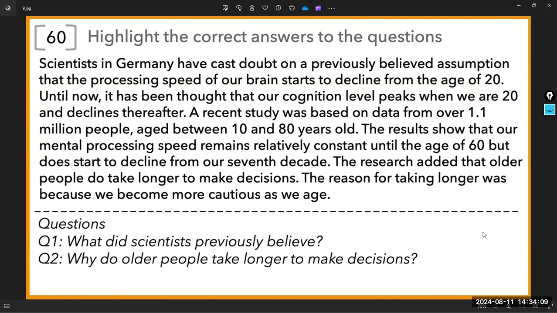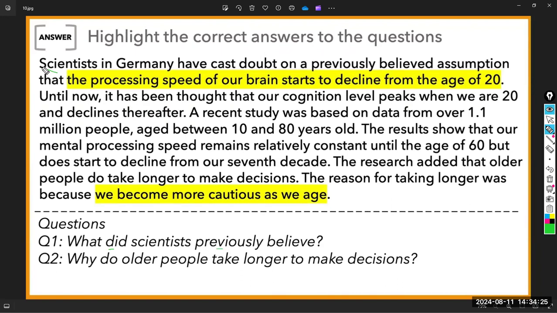Okay, guys, I hope that you have finished and selected the correct answer. So let me show you the correct answers that I have to highlight. Question number one is saying, what did scientists previously believe?